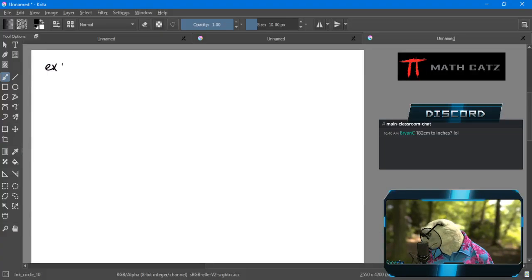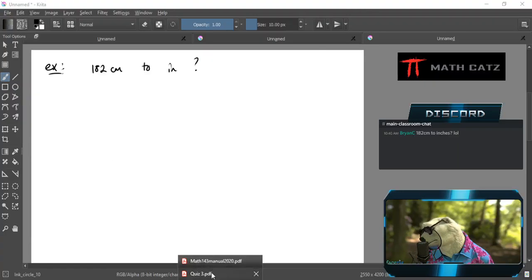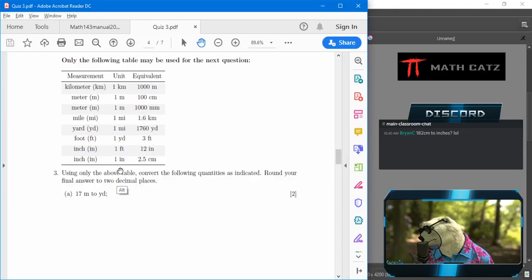So let's do conversions. 182 centimeters to inches, completely random, of course. I luckily have the inch to centimeter simplified, but still conversion.